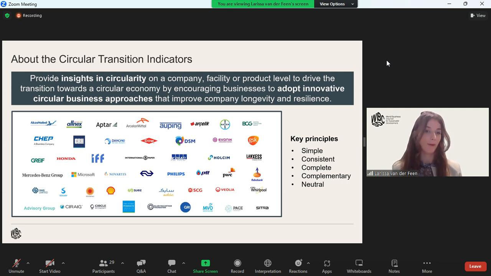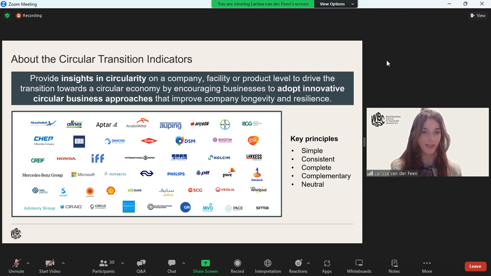It is complementary to other sustainability assessment methodologies out there, such as carbon footprinting or measuring GHG emissions. And it's neutral in the way that it doesn't prefer any material over the other, so it keeps from having any subjective value judgment. So those are some key principles of CTI.